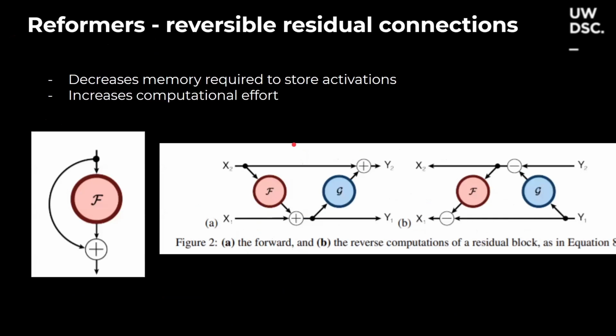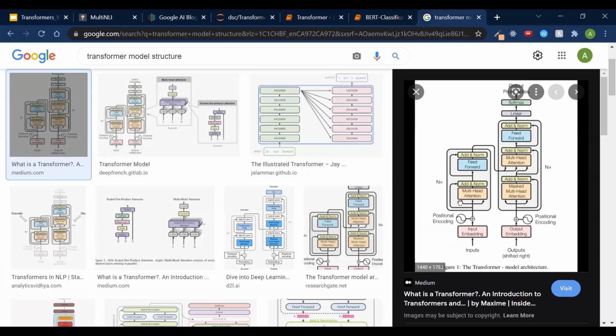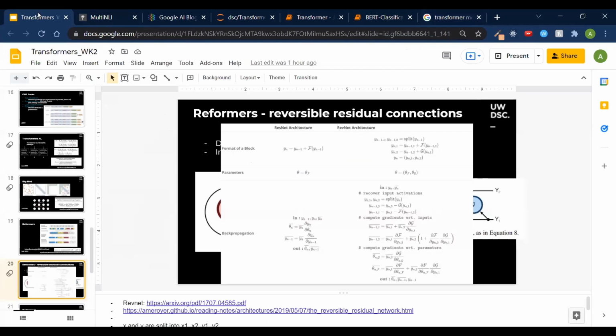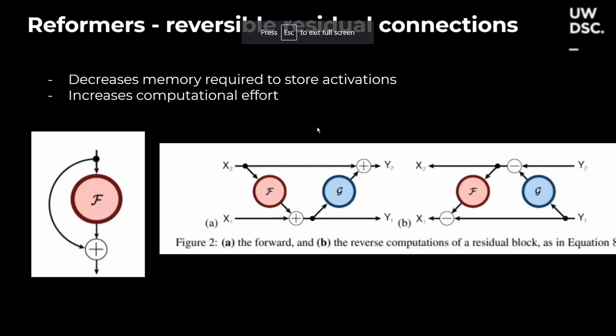They also introduced this new thing called reversible residual connections. So in a transformer model, if you remember, there's these feed forward paths that take the input and then add it right back there, kind of like a ResNet. The authors of this paper found inspiration in a paper written for ResNet called RevNet.